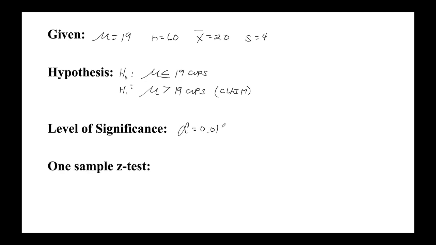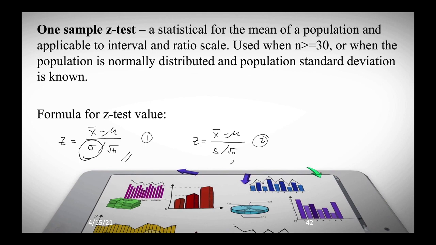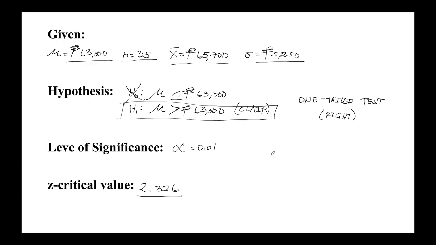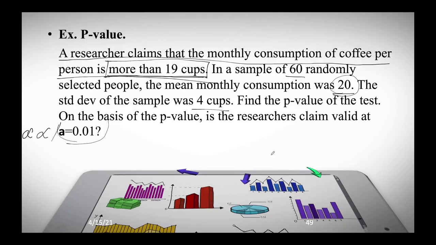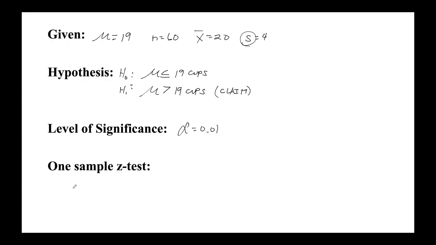Next, one sample z-test. Since ang given sa atin is sample standard deviation, therefore, we are going to use the second formula. Now, let's have our computation here.